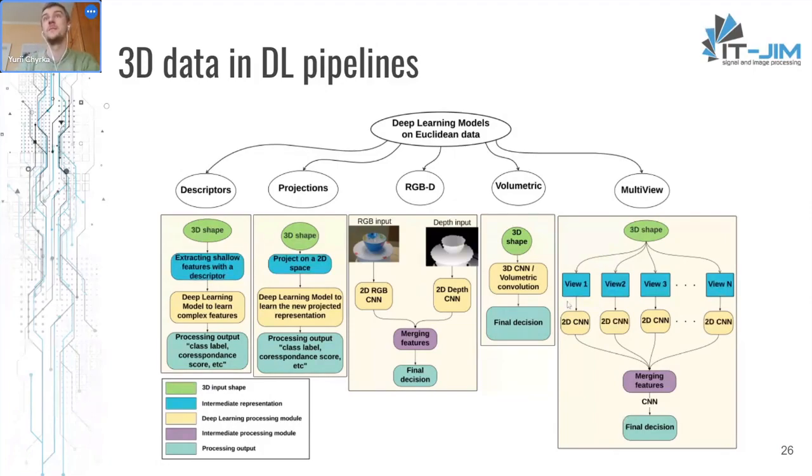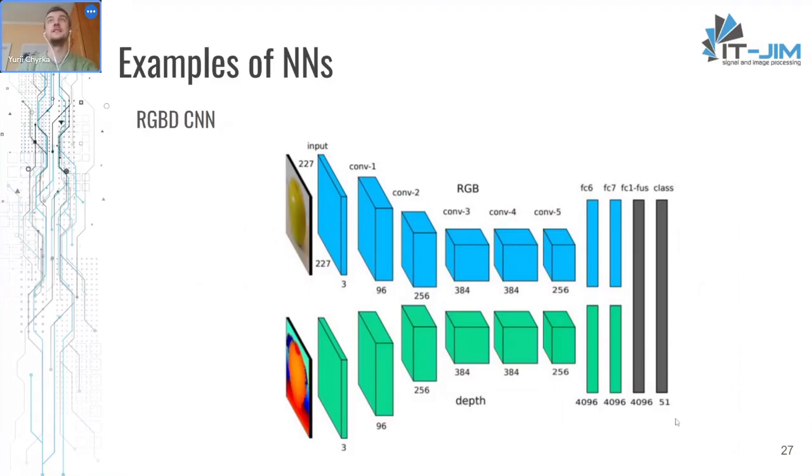So we have multiple separate branches for each view, then somehow merge features, and over these features calculate the final prediction.